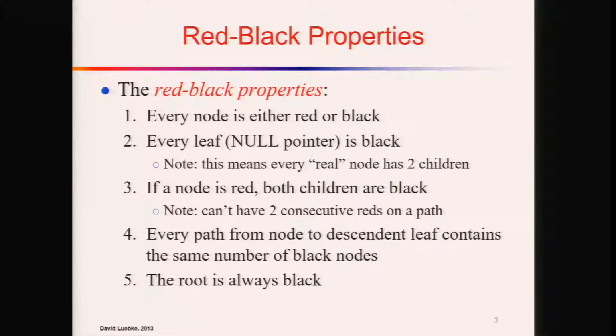Okay, so if we look at just the black nodes and pretend the red nodes aren't there, we get a complete binary tree of a certain height. And then when we insert red nodes, but never two in a row, there are some paths that may become up to twice as long, but there will never be some path that is more than twice as long from the root to the leaf than some other path from the root to the leaf.